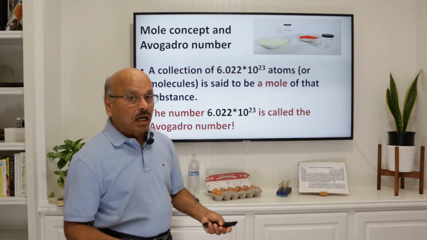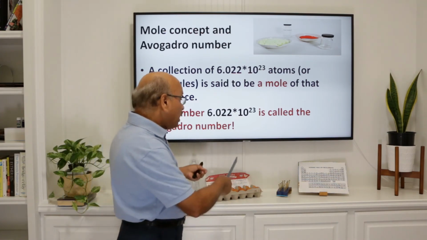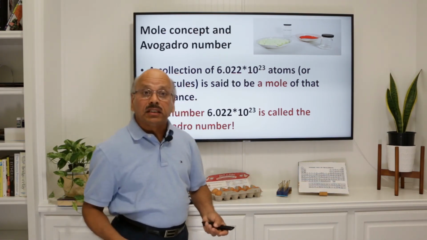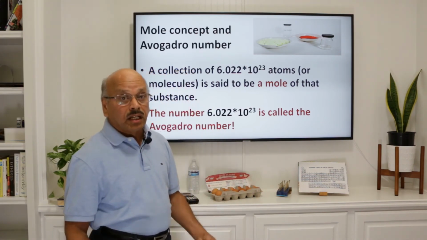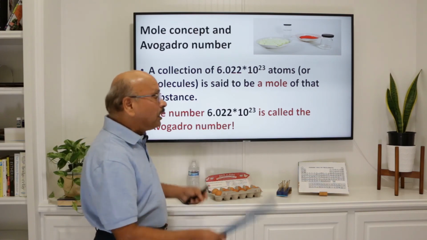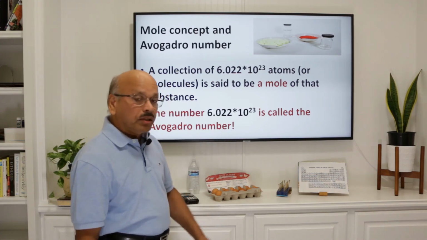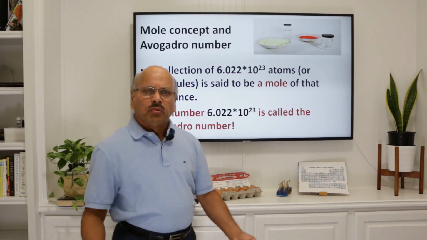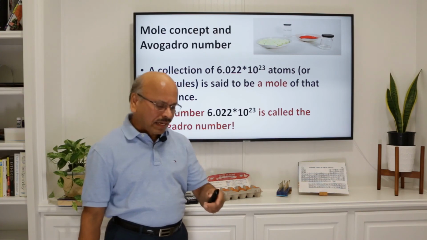But are the weights the same? No. We never can say the mass of 1 dozen eggs is the same as the mass of a dozen nails. They are different. So the number doesn't change, but the mass is different. So how about finding the mass of a mole, which we call the molar mass?